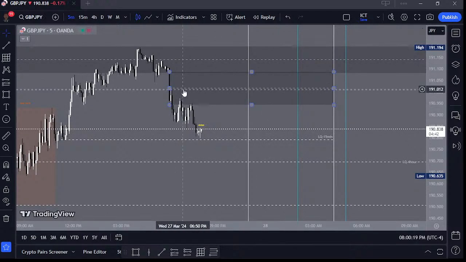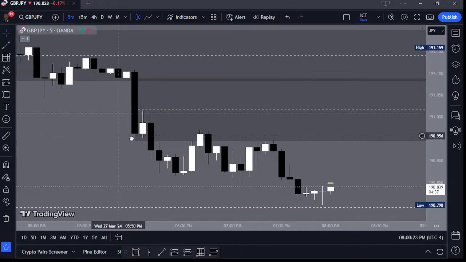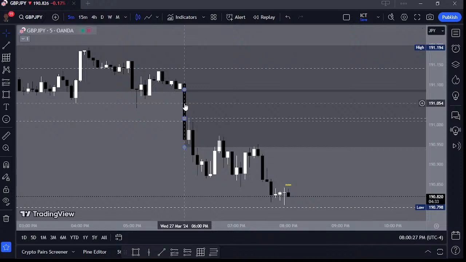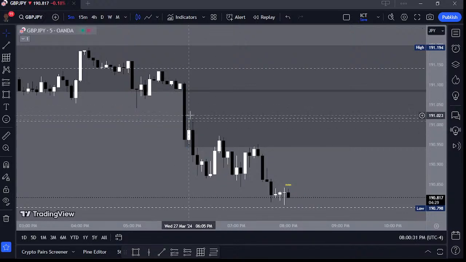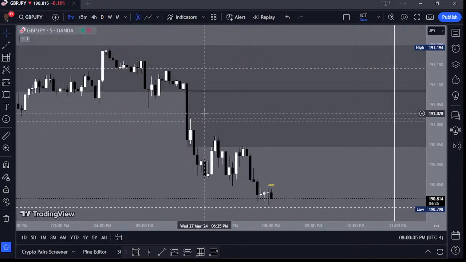Because why? If you look closely, we broke structure here. After breaking that structure, there is a candle where we try to retrace, and this is an unfulfilled fair value gap.